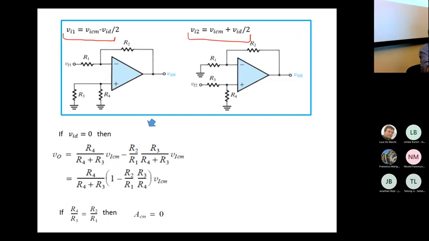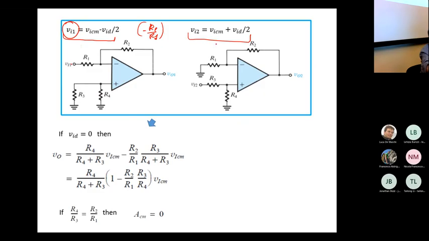So again, let's get back to the superposition principle. What happens when we plug VI1 with this expression here? Well, simply we have to multiply this quantity times minus R2 over R1, because this is the effect of the inverting configuration.